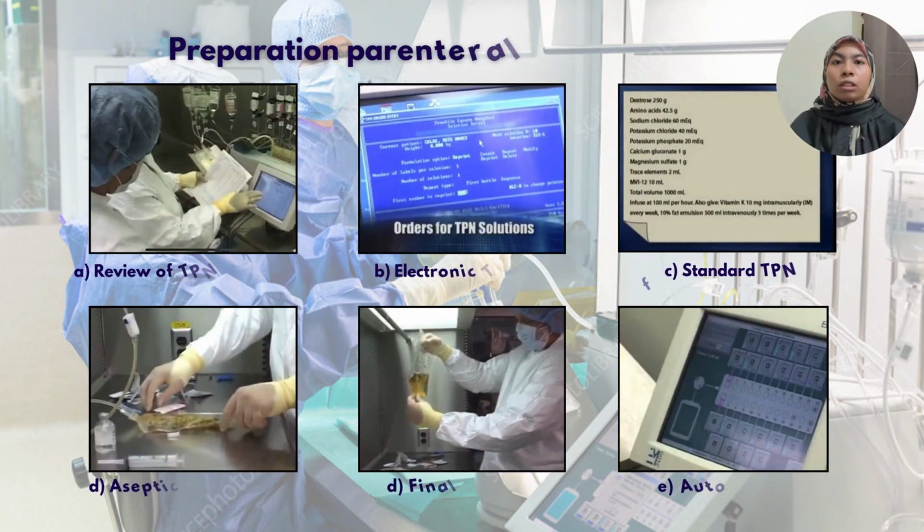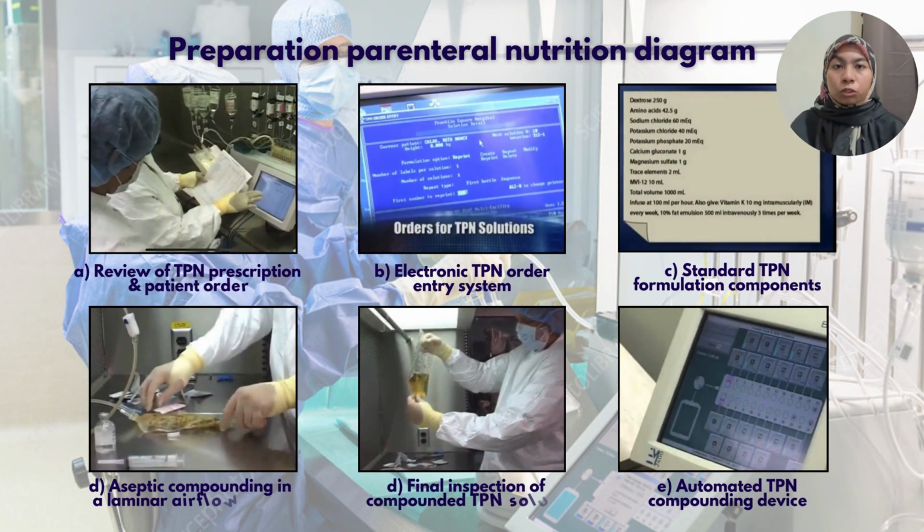This slide shows the diagram for preparing parenteral nutrition. First, the healthcare team will review the TPN prescription and patient order to make sure the formulation is suitable for the patient. Next, the order is entered using an electronic TPN system to reduce errors. Then, standard TPN components such as glucose, amino acids, and electrolytes are selected.